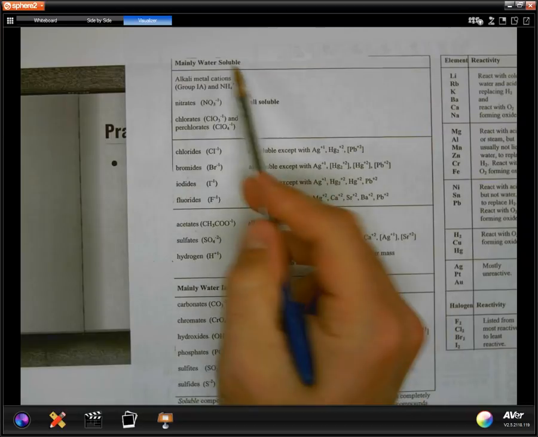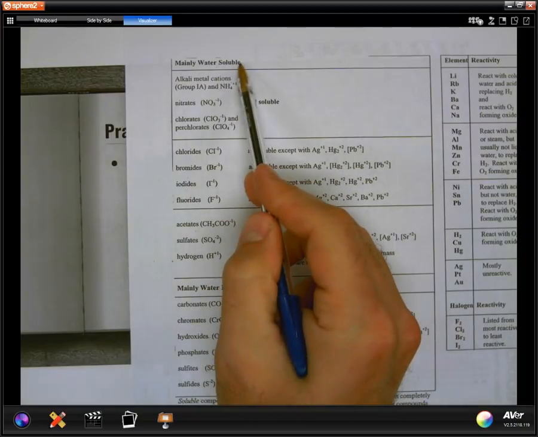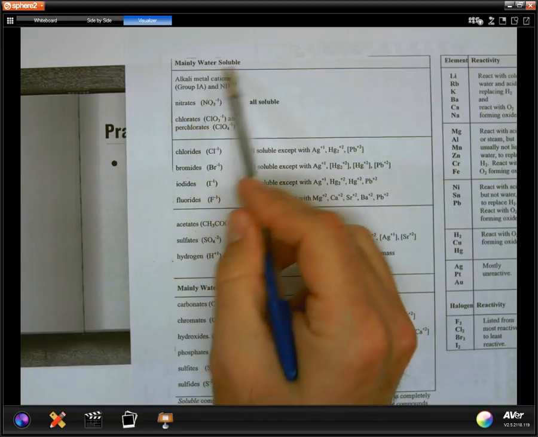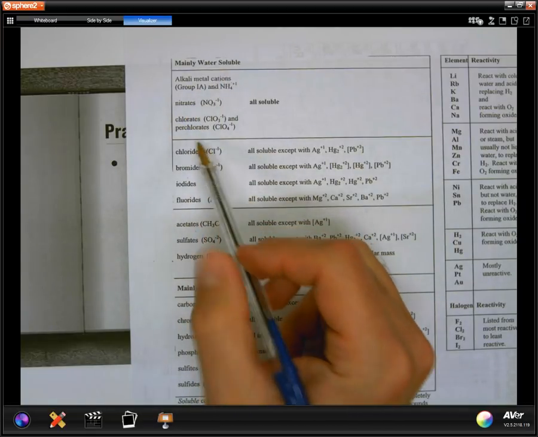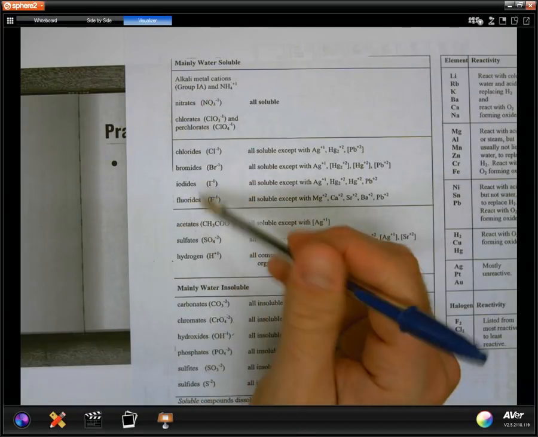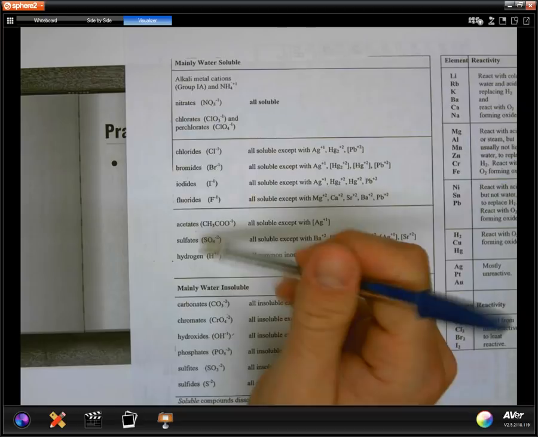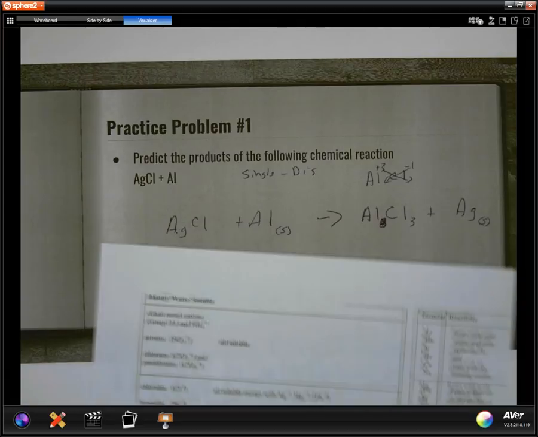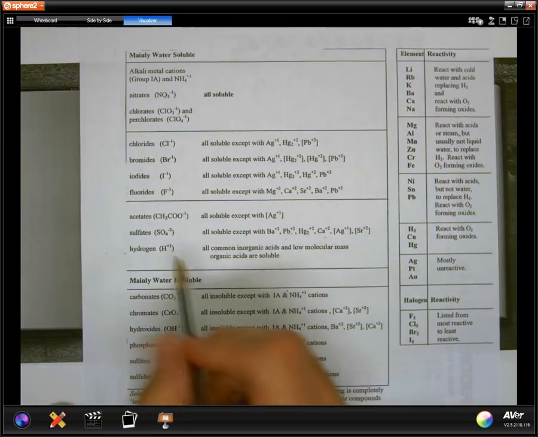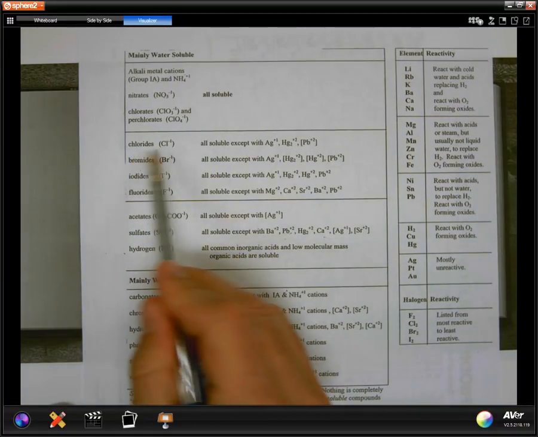So again, the word soluble means they will dissolve in water. So if something is soluble, it will dissolve in water. And so what this does is it tells you what kind of compounds will dissolve in water. So here we have aluminum chloride. To decide whether it's aqueous or not, I have to find the chlorides, and I said they will all be soluble.